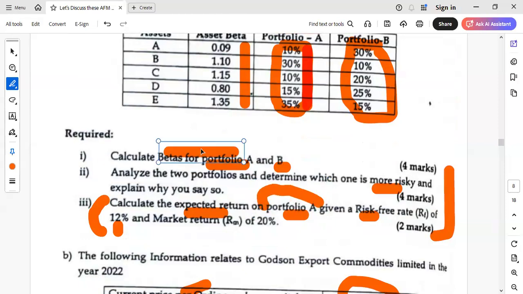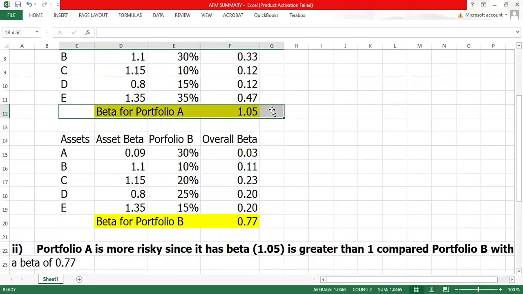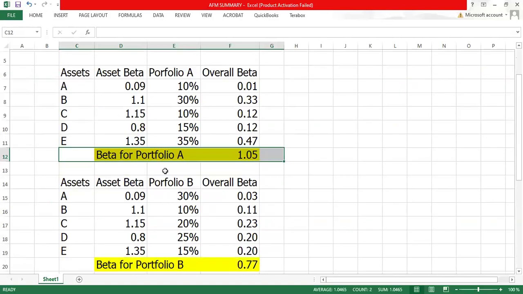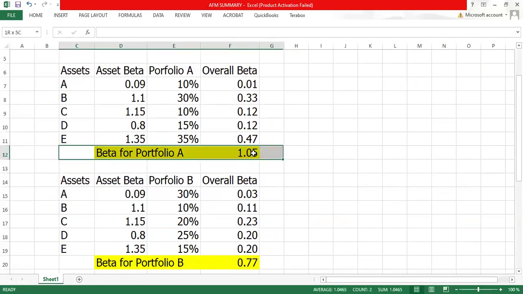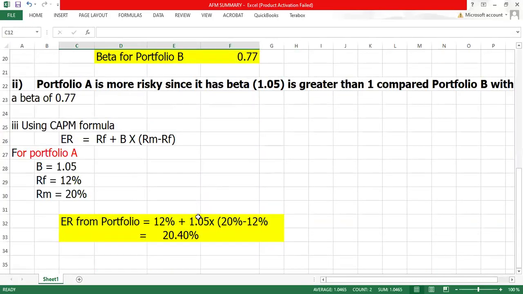Remember from Roman 1, you need the beta of portfolio A and B. So you pick that figure from what we had done. That is your beta, the one you use when you are substituting in the formula here. Is it okay? Yeah, it is okay.